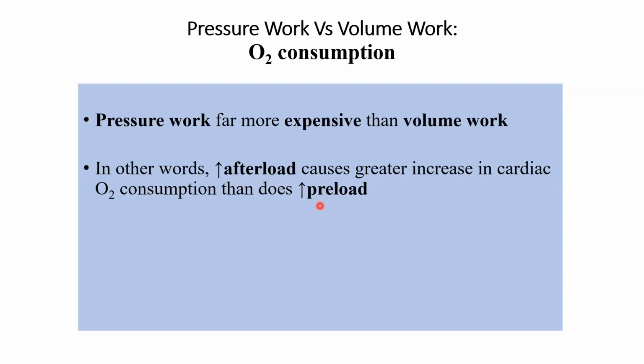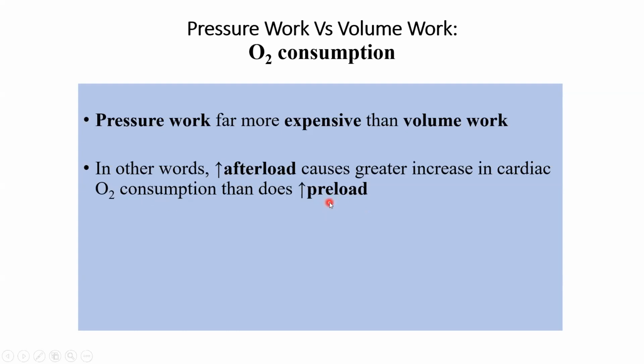Of course, if we increase the preload, Frank-Starling law dictates that the heart will contract more. But when we compare afterload and preload, a very important point is that for each degree increase in afterload, the increase in oxygen consumption will be much more than for each degree increase in preload.